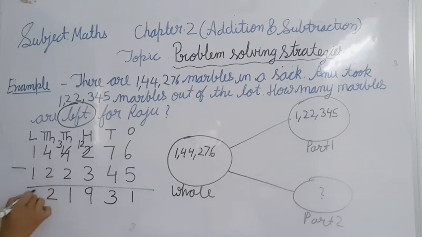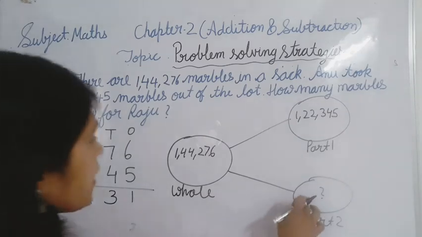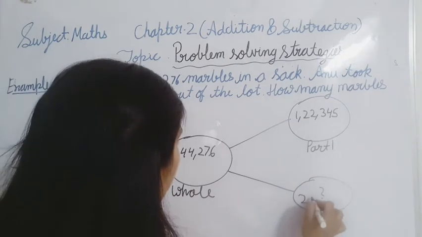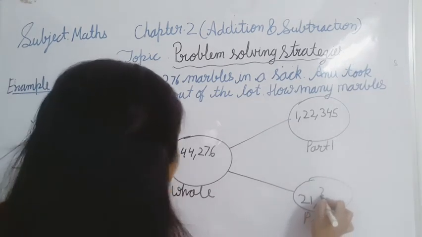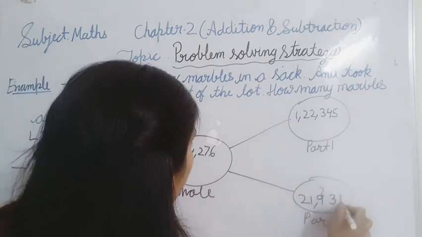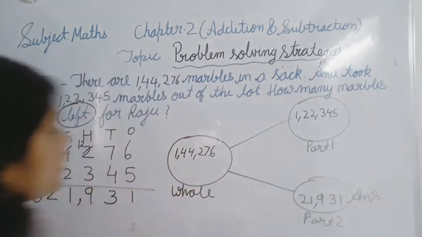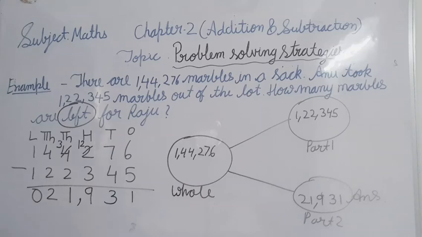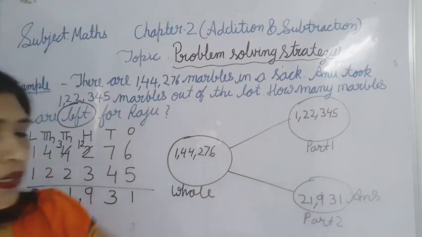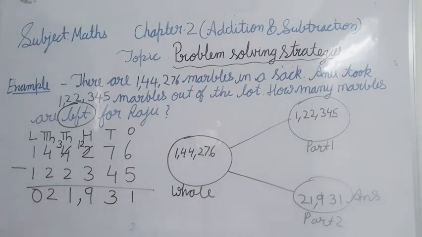And 1 minus 1 equals 0. So how much? 21,931. So what is the second part here? 21,931. This is the answer. So how many marbles are left in the sack? 21,931. So this is all about the word problems.